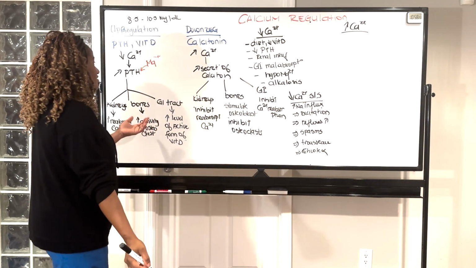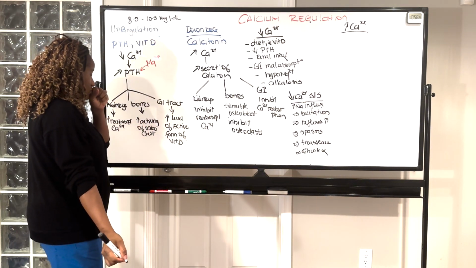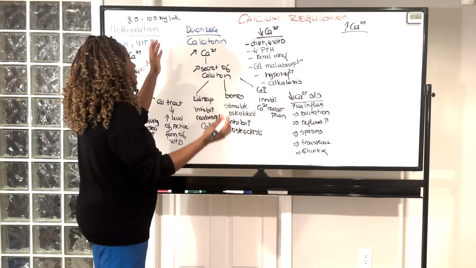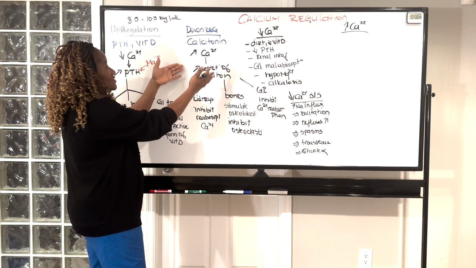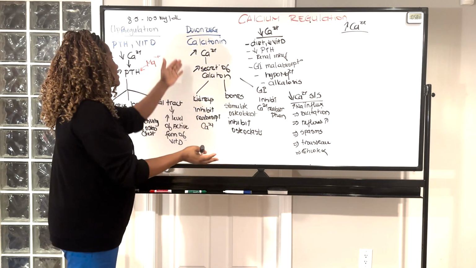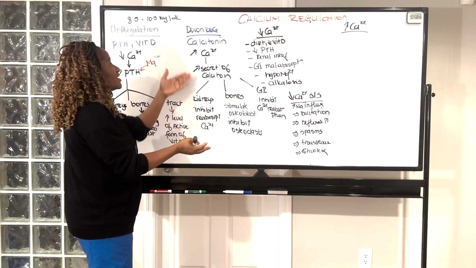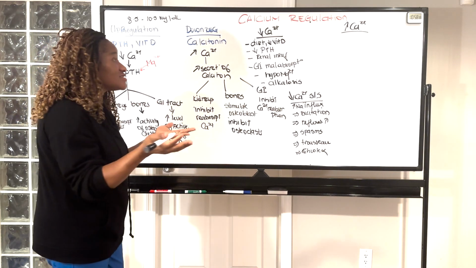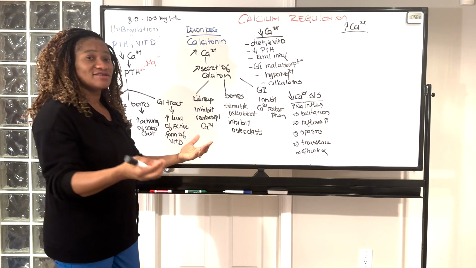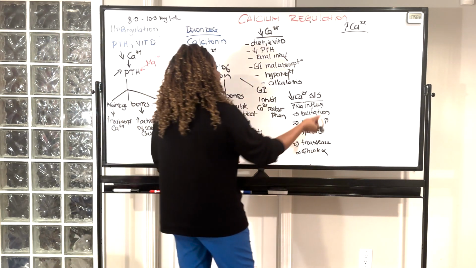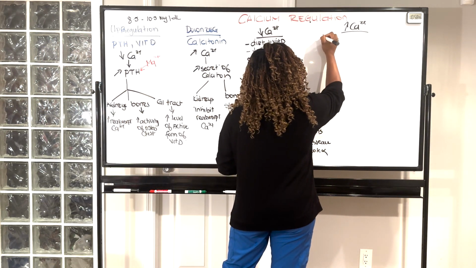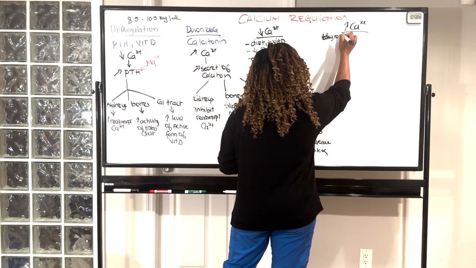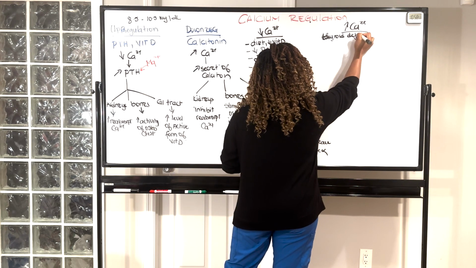Things that can increase our serum calcium: if your calcitonin is not present, that inhibitory process, if you have thyroid deficiency and your calcitonin is not properly secreted, that can increase your calcium level.